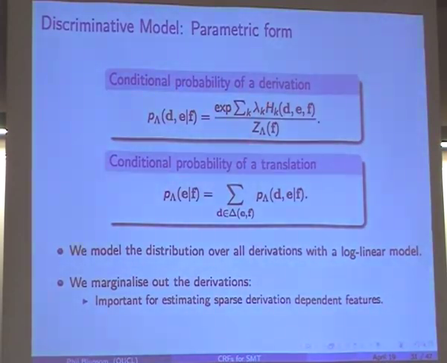So we can calculate Z, and that changes what we can do in training, which is why we can use 10 million features. Because we can calculate Z, we can use huge numbers of features, basically because we can use convex gradient-based optimization techniques. Whereas if you're familiar with current approaches to translation, they use first order, essentially heuristic search, MERT, which can't cope with very large numbers of features.